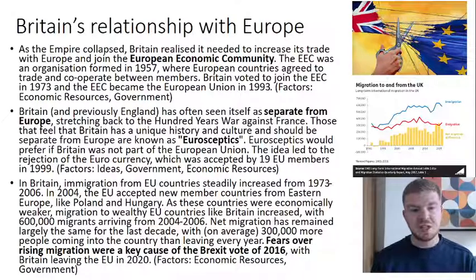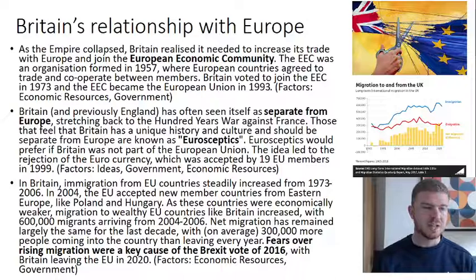So in 1999, 19 EU members, so France and Germany, places like that, accepted the euro as their currency. So they all had one currency, whereas Britain rejected it and decided to stick with its pound sterling. And moving forward, as we know, another sign of Euroscepticism is the Brexit vote.